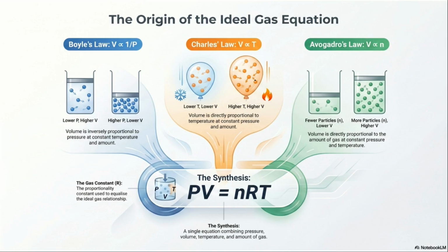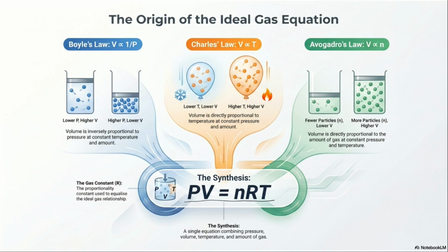If we combine these three laws, we can reach the equation of the ideal gas. So what's that? This equation describes the relationship among the four variables: pressure, volume, temperature, and amount of the gas.